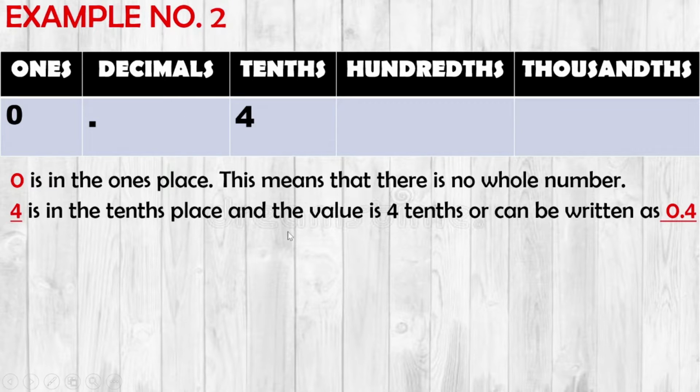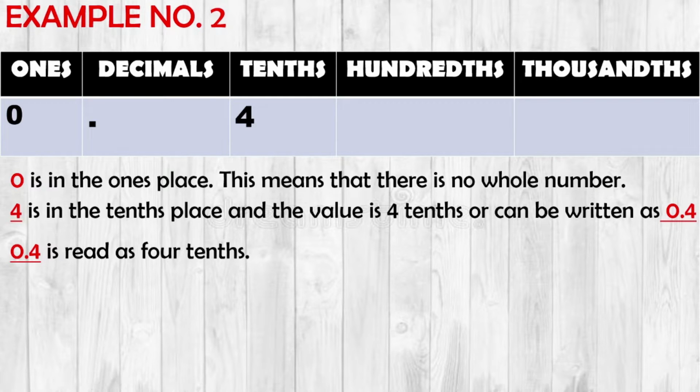Again, 4 is in the tenths place. It is in the tenths place and the value of 4 is 4/10. When asked what is the value of 4, this will be the answer: 4/10. And how to write it: 0.4.